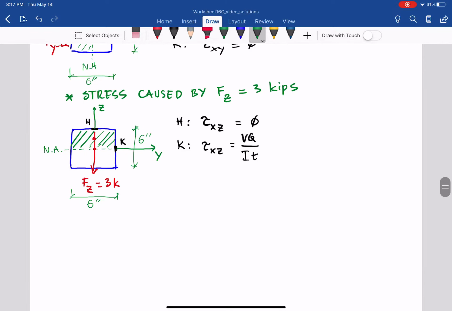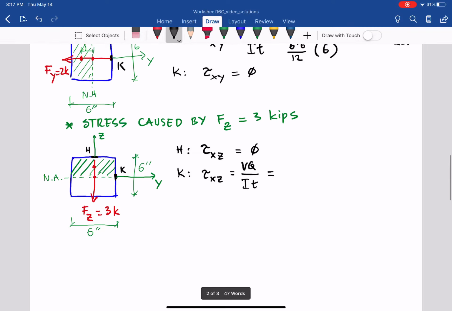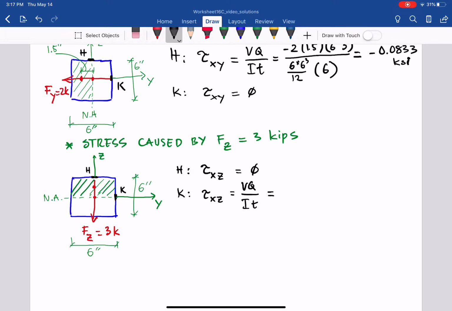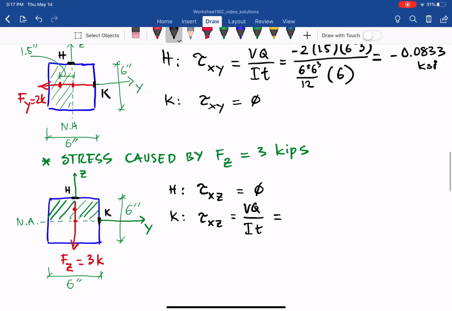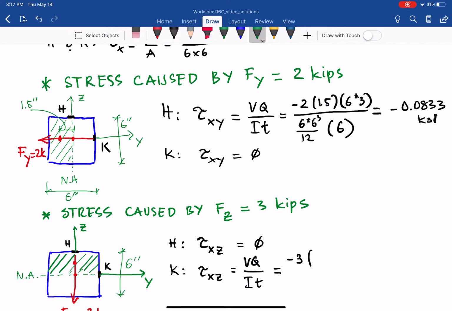So from there we can plug in, and in this case it is negative, going down, as you can see here. So plug in V equal to negative 3.